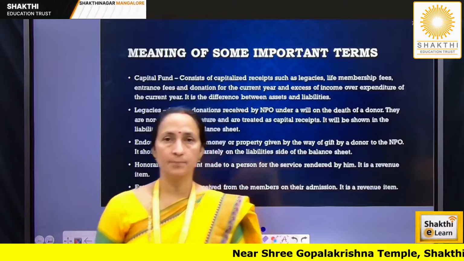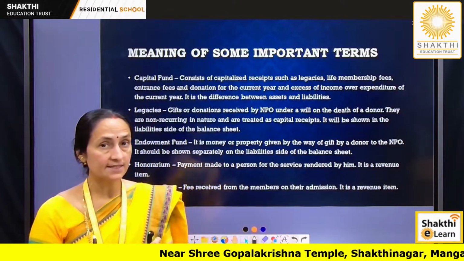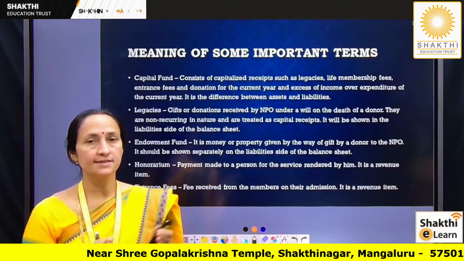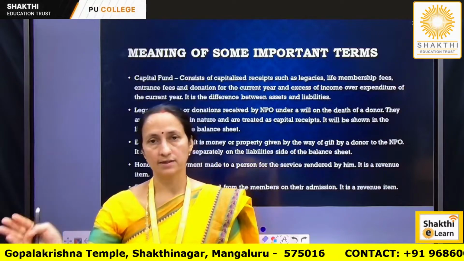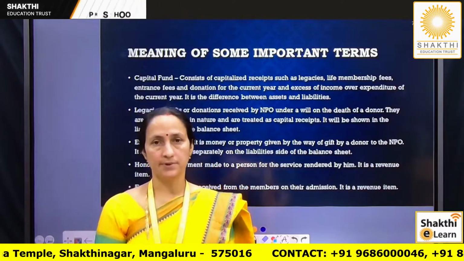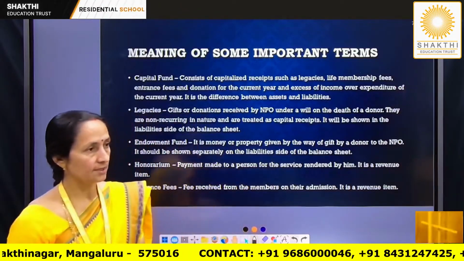How will you get the capital fund? Capital fund is the difference between your assets and liabilities. Suppose subscription is received and we invest it in the bank, that is an asset. That itself is capital fund. But you should know the proper definition.